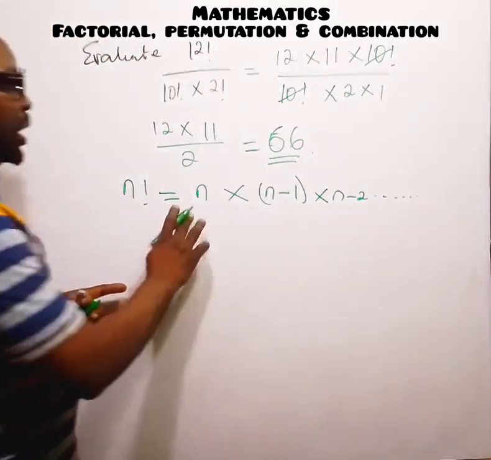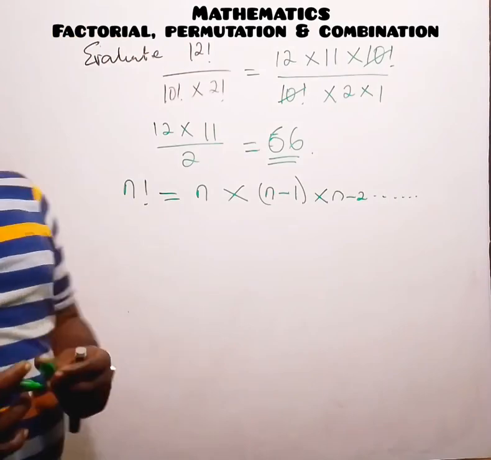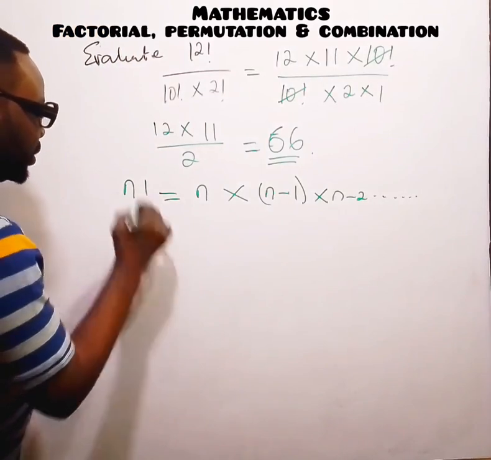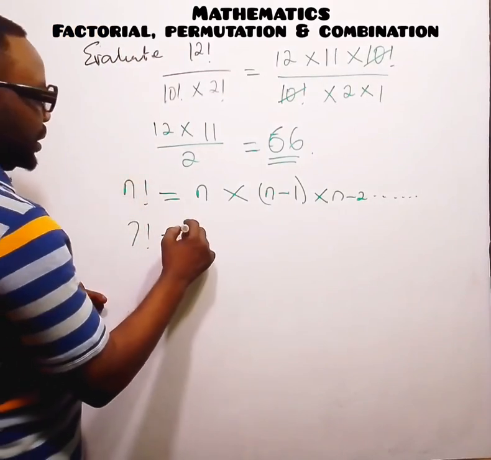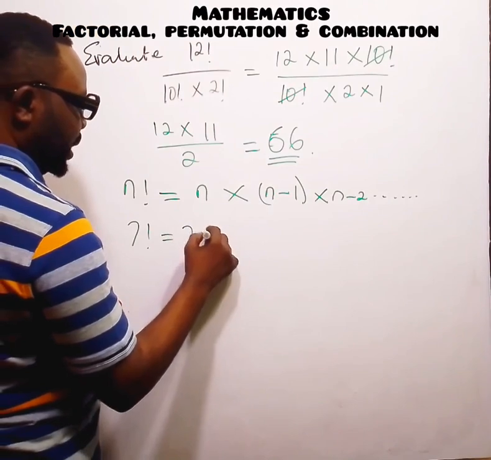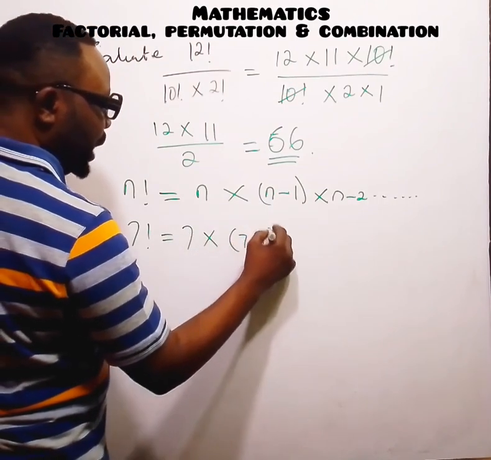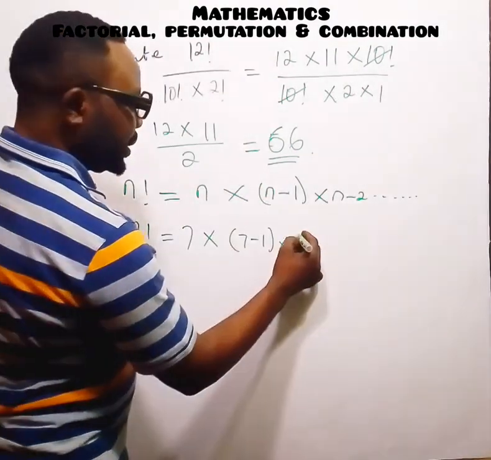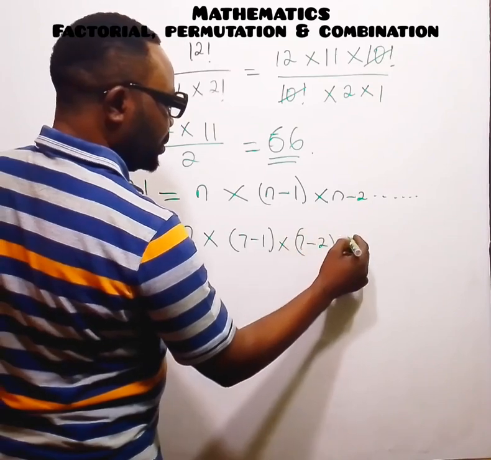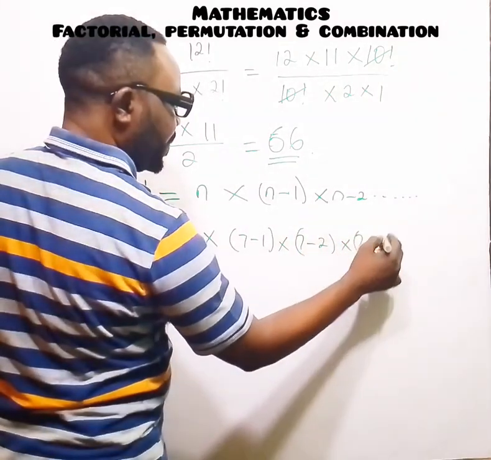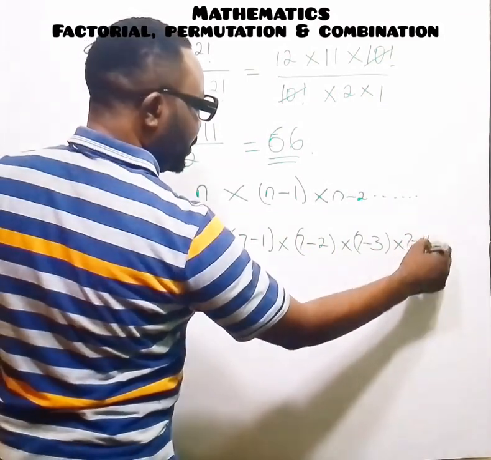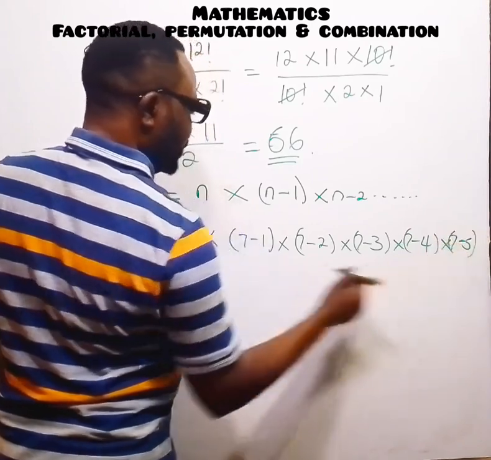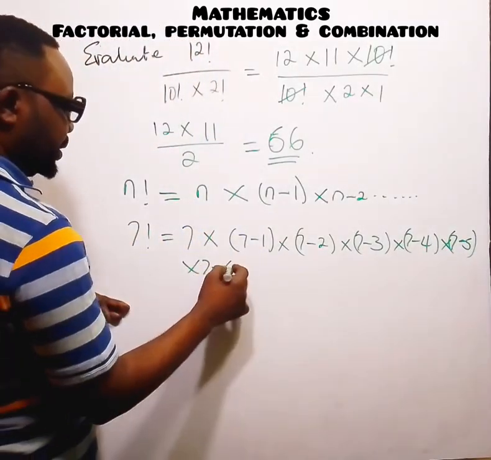Now, for instance, if I have a kind of question like 7 factorial, 7 factorial will mean 7 multiplied by 7 minus 1, multiplied by 7 minus 2, multiplied by 7 minus 3, multiplied by 7 minus 4, multiplied by 7 minus 5, multiplied by 7 minus 6.